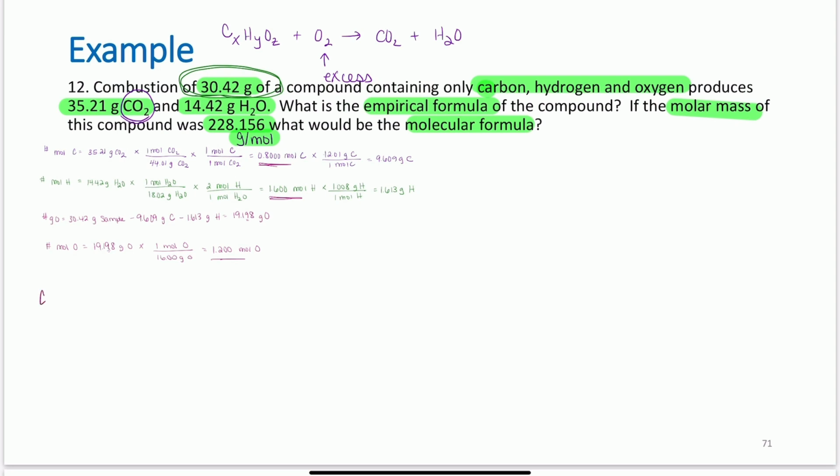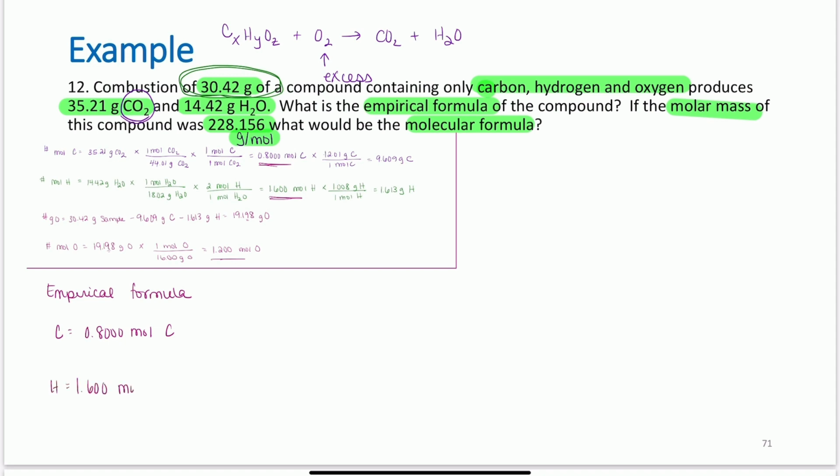So let's label this. We're going to do empirical formula. For carbon, I have 0.800 moles of carbon. Hydrogen, we found it to be 1.600 moles. Oxygen, I found to be 1.200 moles.